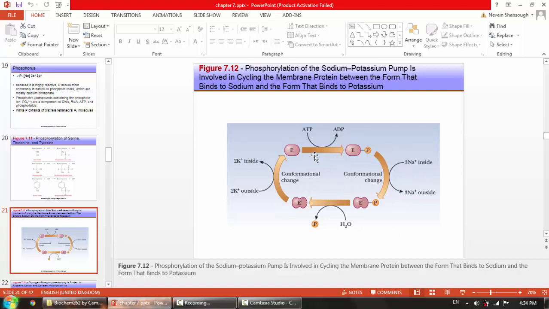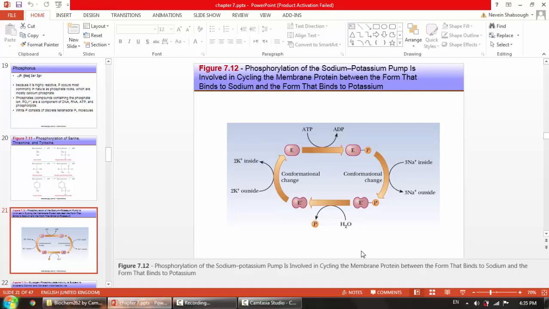And in this mechanism, 3 sodium ions go outside and 2 potassium go inside. The details are not required at this stage. You should only know that the sodium potassium ion pump is an example of an enzyme or protein that can be controlled by phosphorylation.